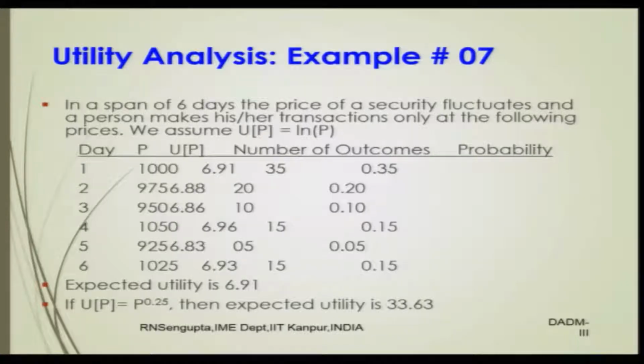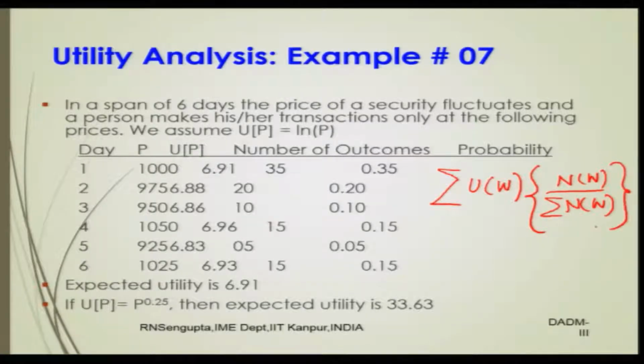The outcomes are 35, 20, 10, 15, 5, 15, and if I divide by the total, which is 100, the corresponding probabilities are 0.35, 0.2, 0.1, 0.15, 0.05 and 0.1. So, to find the expected value, I use the same formula: the summation of U(W) into N(W), divided by the summation of N(W).